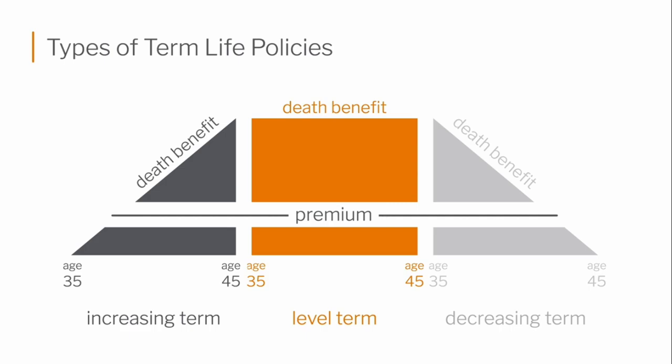It is to cover a debt while you still owe a lender money on your loan that you haven't paid off. Just remember, it's D for debt. It is decreasing term. The face amount decreases, the premium stays level, and it matches what you owe on the loan. Once the loan is paid off and that balance is zero, your policy would be down to zero and it would be done. Just like your loan is now done because you paid it off.